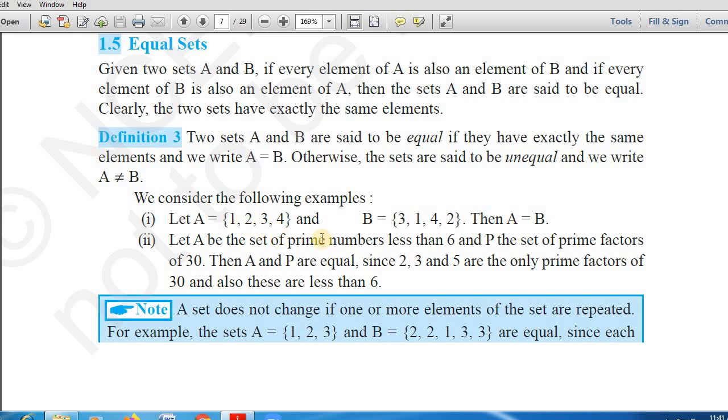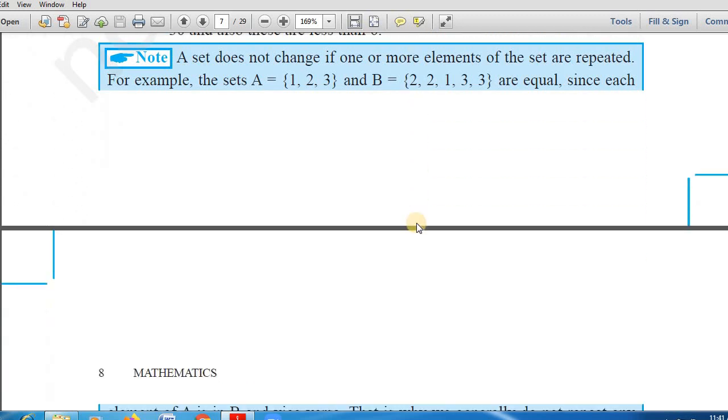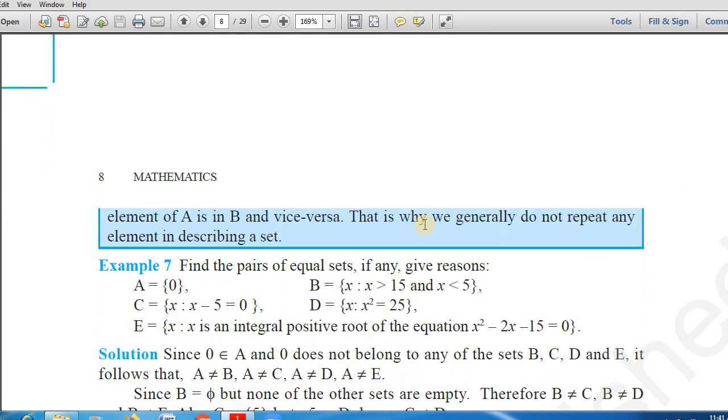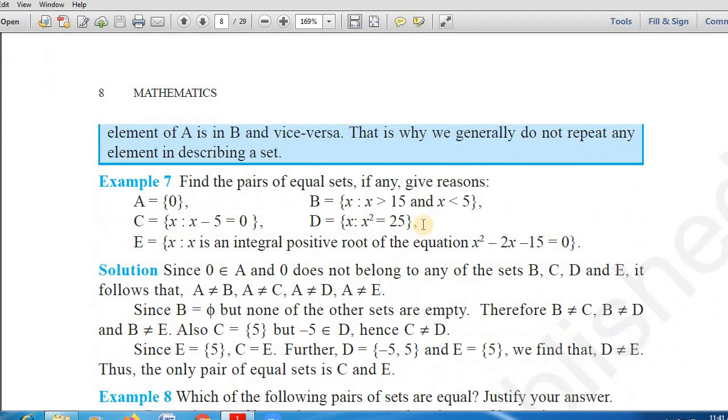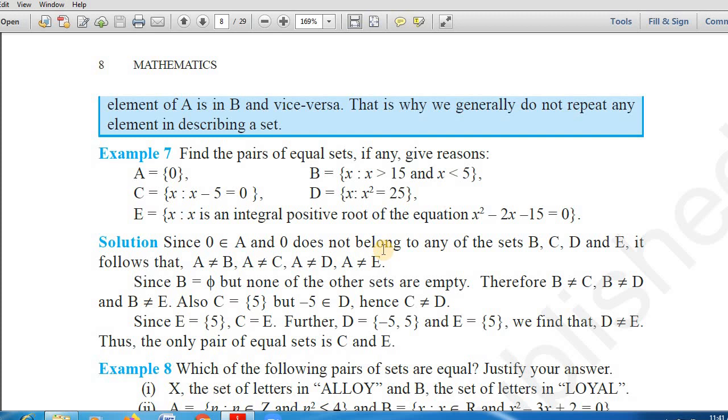After all, the elements in both of the sets are exactly the same. So in this sense, sets are equal, A is equal to B. Thus we say the equality of two sets under one condition, that the elements must be the same.